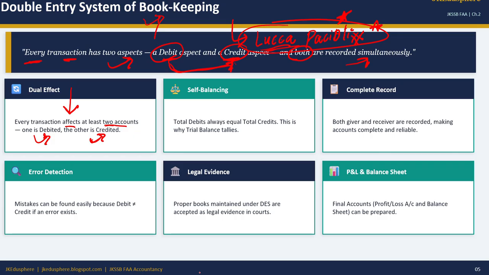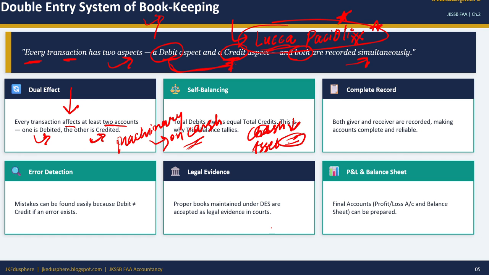All right, so there'll be a transaction. Say we will buy machinery. Right? We'll buy machinery on cash. If we buy machinery on cash, the cash will decrease and the asset will remain the same.